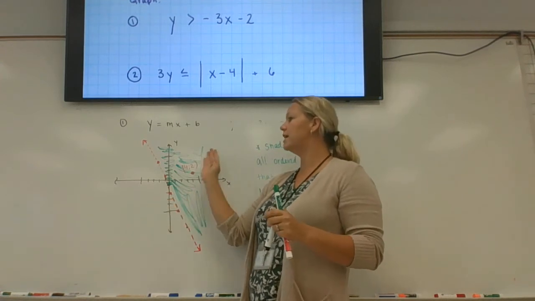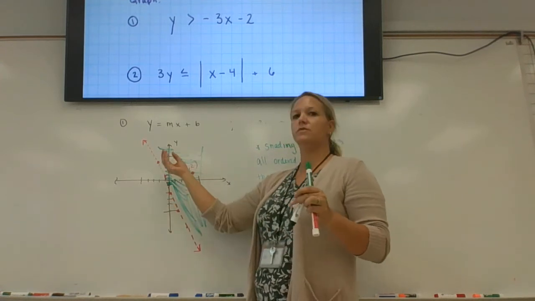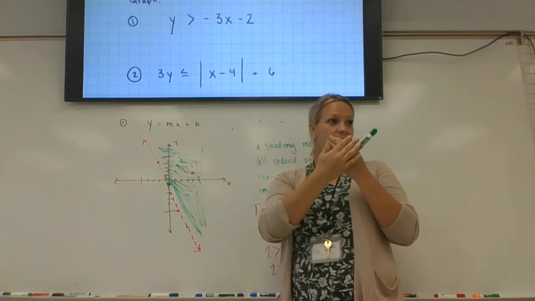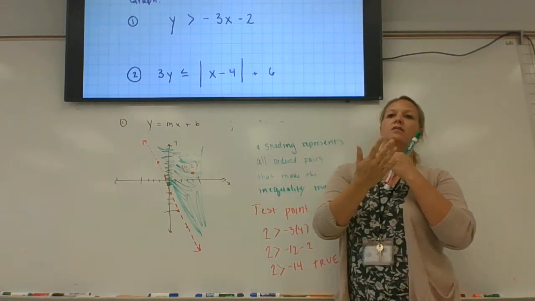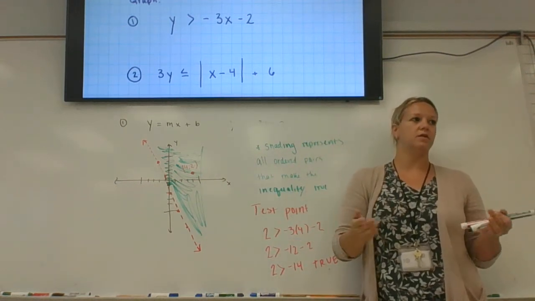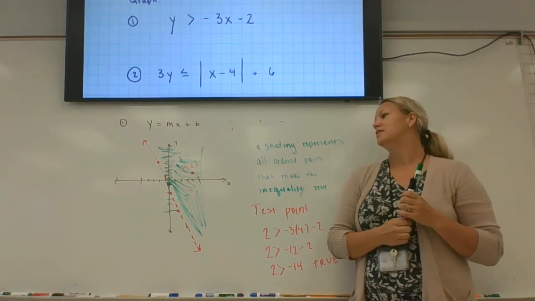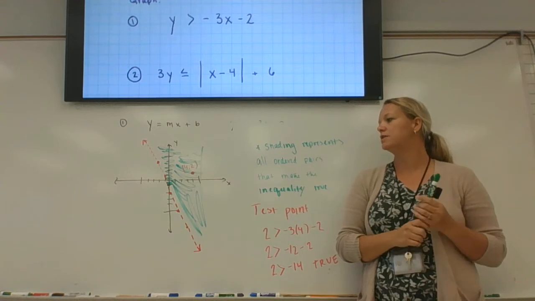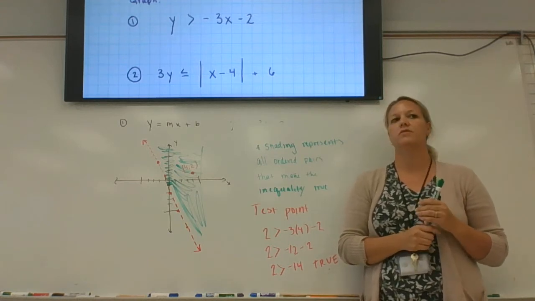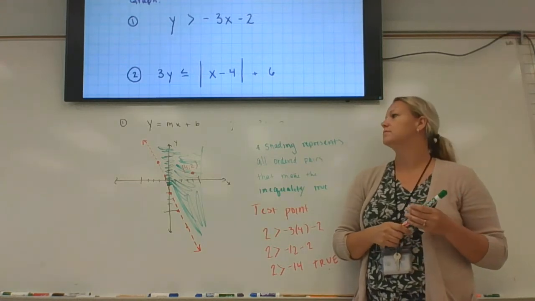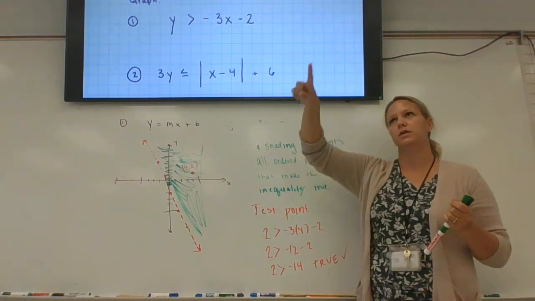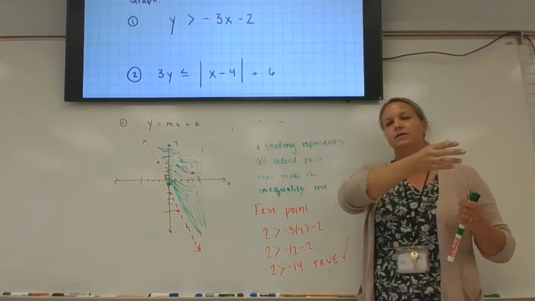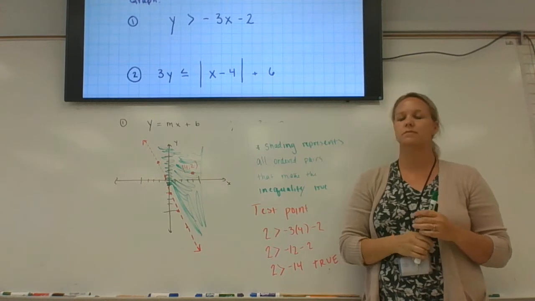You graph two lines, you shade them both, and you see where the shading overlaps, and where they're both shaded, those points are true for both inequalities. You can also do a quadratic, like a U shaped, and then a line, and shade them both, and you see where they intersect.